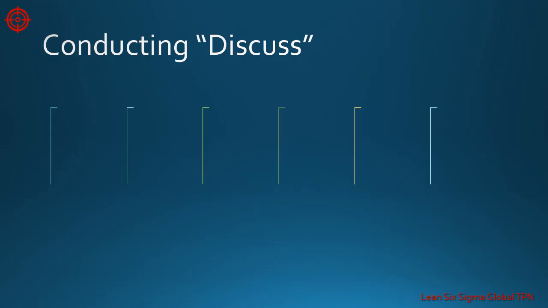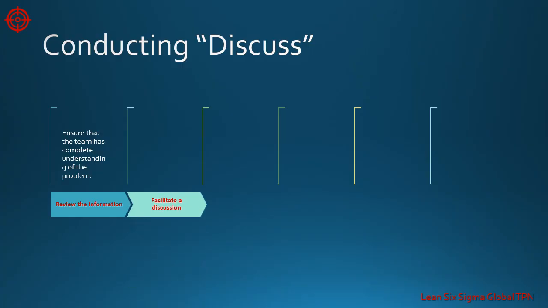So the first step to conduct discuss. First, review the information gathered during the look phase to ensure that the team has a complete understanding of the problem. In this case, the team has identified that long wait times on the customer service phone line are leading to high customer complaints.